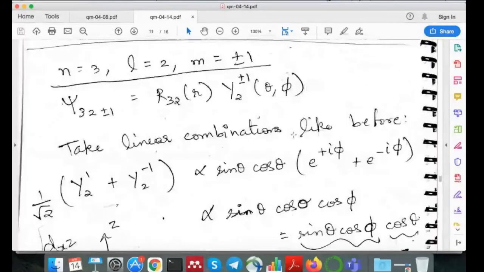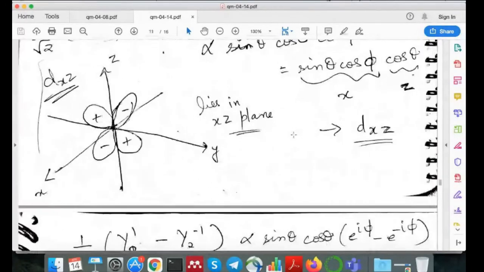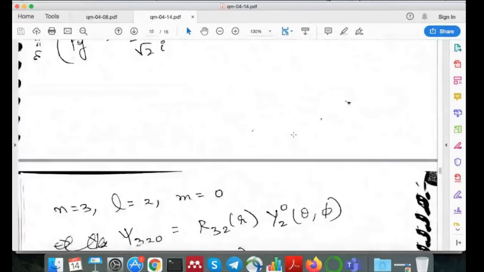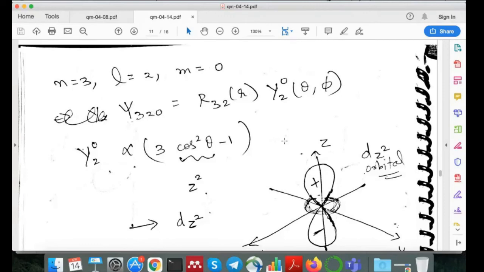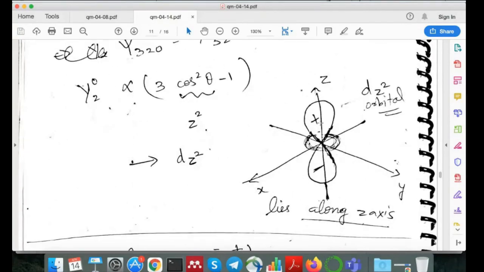Where was I? Yes, 3 cos square theta minus 1. So again there is a cos square theta part, which is nothing but your z square part. If you expand this function and write it down properly, you will get it as a function of z square, so the probability density also is a function of z square.